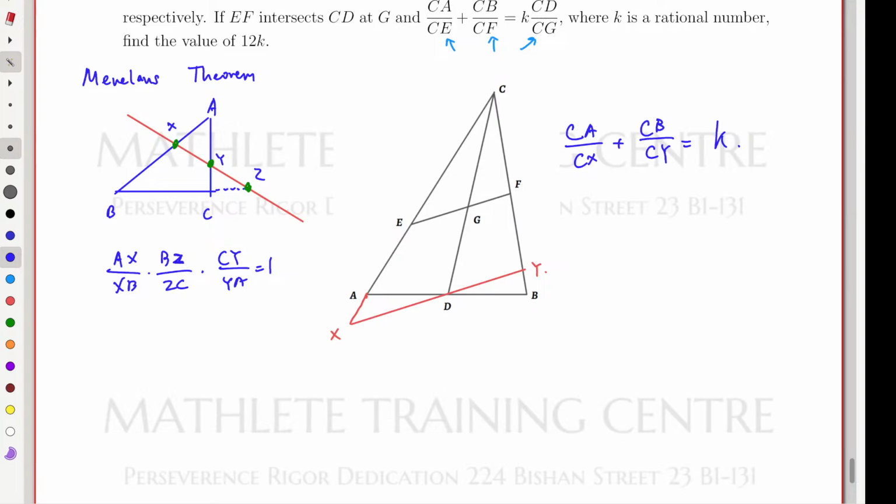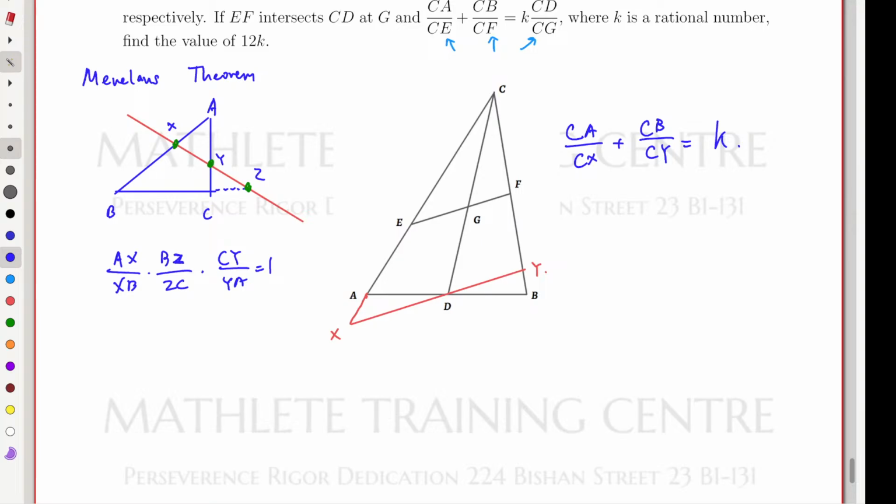Now, some of you can probably already guess from the answer that it should equal 2, right? Because CA over CX looks like it equals 1, and CB over CY looks like it equals 1. In fact, in the case where the triangle is isosceles, it's exactly 1 over 1 plus 1 over 1. So you already know the answer k is supposed to be 2. But how to show it using Menelaus's theorem?